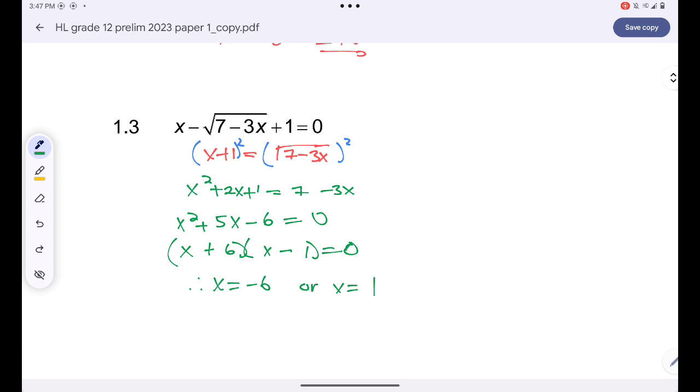If I substitute negative 6 over there, I'll find that the left-hand side is not equal to the right-hand side. Are we together? However, if I substitute 1 in this equation, the right-hand side will be equal to the left-hand side. So this one is not applicable, and hence this is the only root we have.